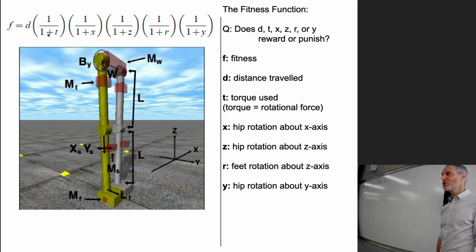Given everything I've told you so far, if you were to run this evolutionary experiment and just use the fitness function F equals D, what kind of behavior do you think you'd get? We're trying to maximize the distance the robot moves down the declined plane. So trivially just fall and slide maybe a little bit.